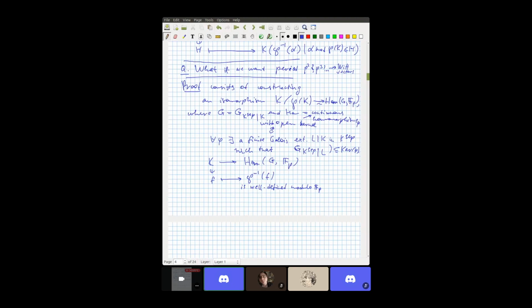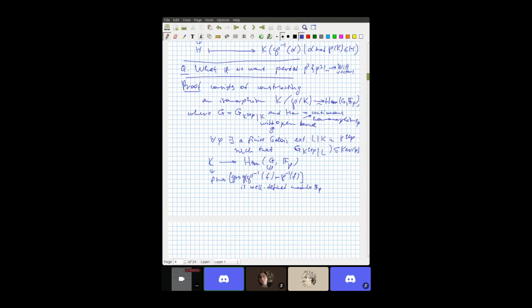You can add some element of the prime subfield. Sorry, you have to act on it by G. This is again a homomorphism, pi minus the inverse of f.